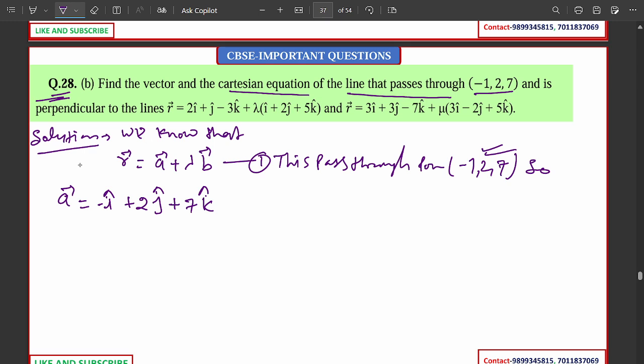Now after that, these two lines are given, so we have to put them here.